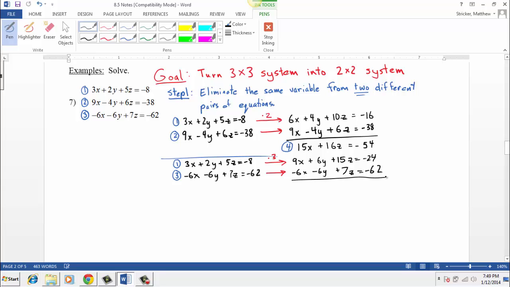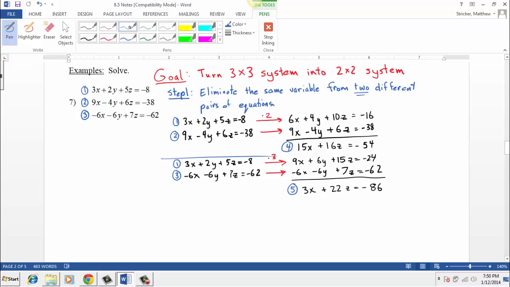And if I add, I get 3x, the y's cancel again, plus 22z equals negative 86. We have another new equation. Let's call this equation 5.